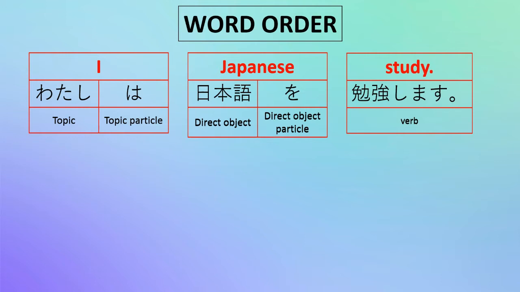So here, first, the topic, watashi wa. Watashi, and then wa, the topic particle. The Nihongo, direct object, and then o, the direct object particle, and at the end of the sentence, benkyou shimasu, study, verb. So here in Japanese, the verb is written at the end of the sentence.